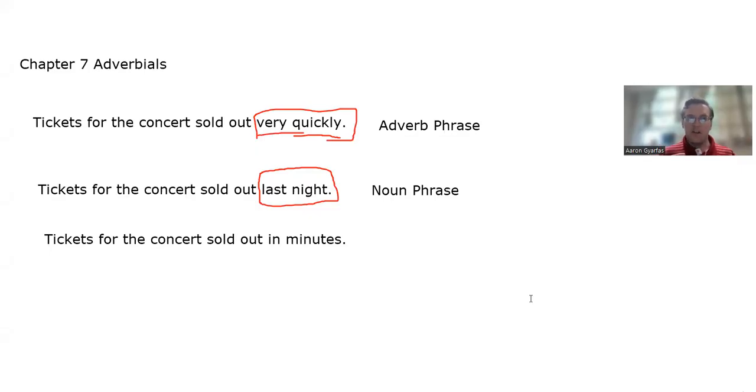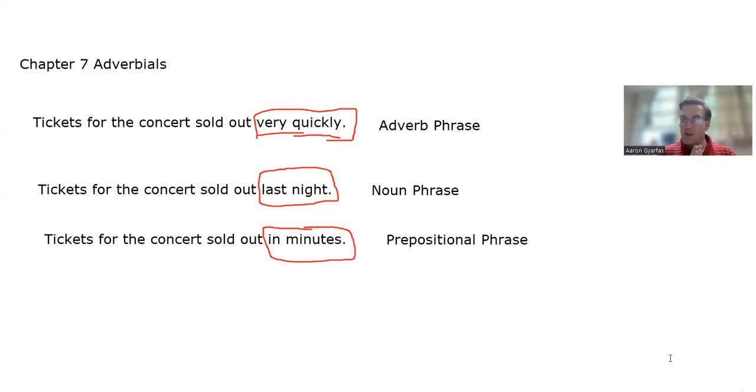Now I take another iteration of the same sentence, but instead of an adverb phrase or a noun phrase, I get a different kind of phrase, in minutes. If we remember from chapter 3, chapter 4 in the book, we have a preposition, in, followed by a noun, minutes. So this will be a prepositional phrase.